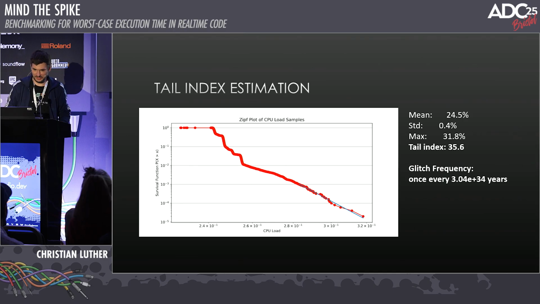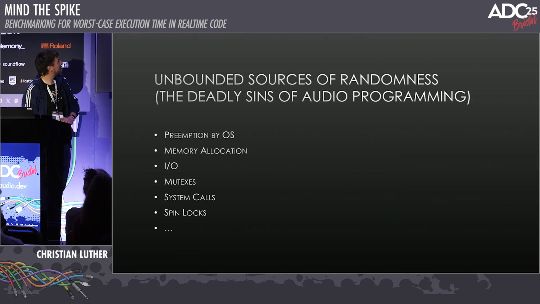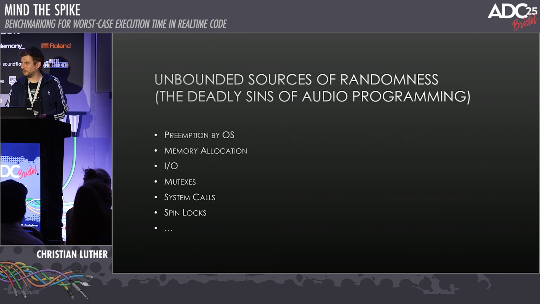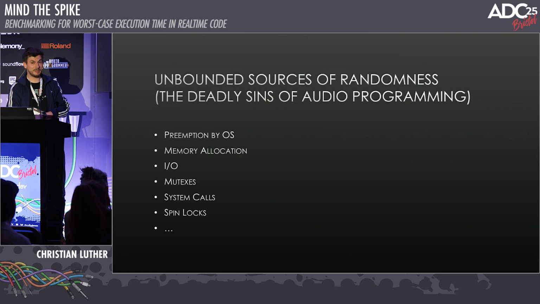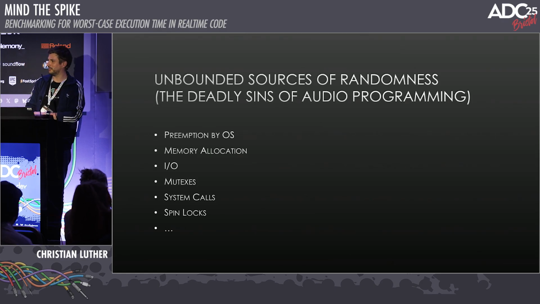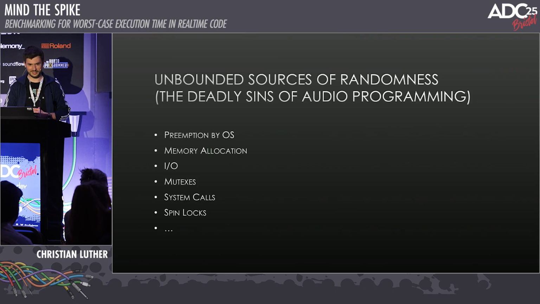But not all processes are like this, because we have the deadly sins of audio programming we hear about all the time here. Things like preemption, memory allocation, all the things we shouldn't be doing, and sometimes we accidentally do them.